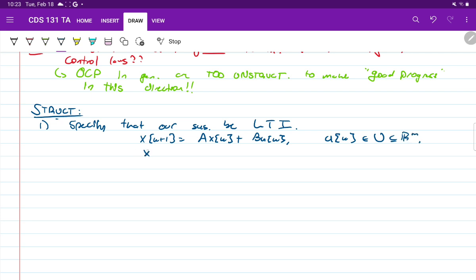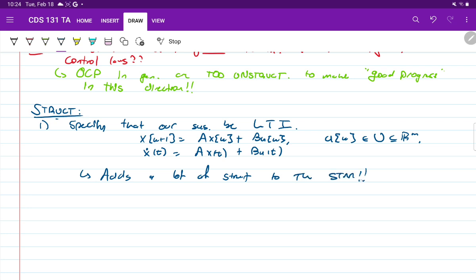Likewise, we could do something like x dot of t equals A x(t) plus B u(t), okay? This adds a lot of structure to the state transition map, right? This is a recurring theme that we've seen across the course.